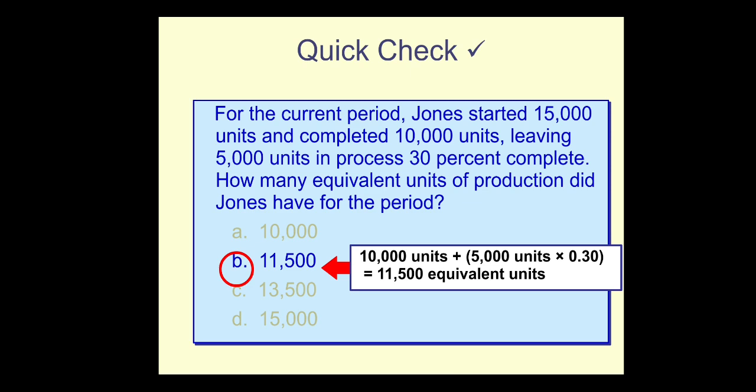So at the end of that accounting period, the ending inventory equals 11,500 equivalent units, or the final output at the end of the accounting period.